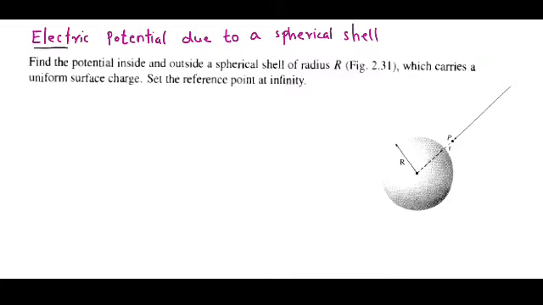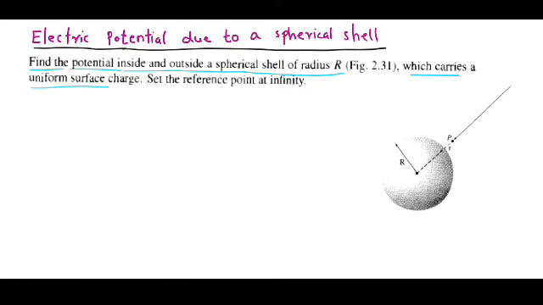We discussed the electric potential due to a spherical shell. We are calculating the electric potential of various objects. This is a question in the Griffiths textbook: find the potential inside and outside a spherical shell of radius R, shown in the figure, which carries a uniform surface charge.